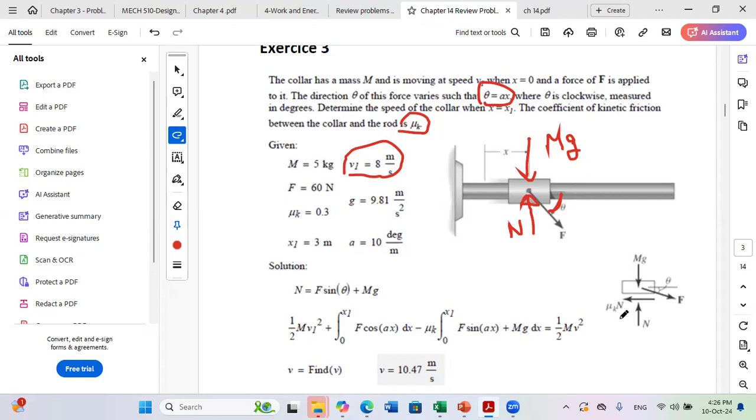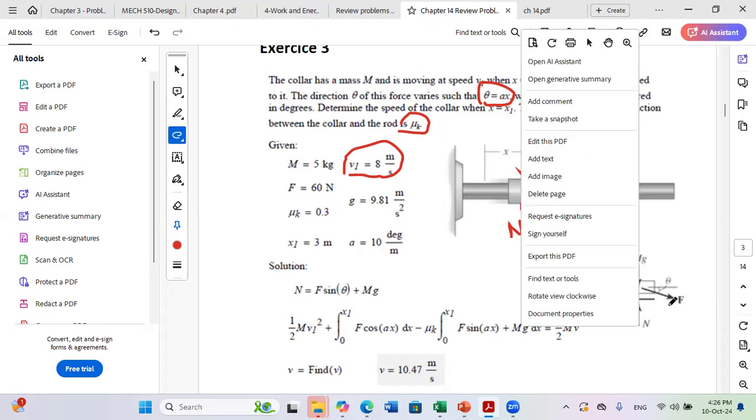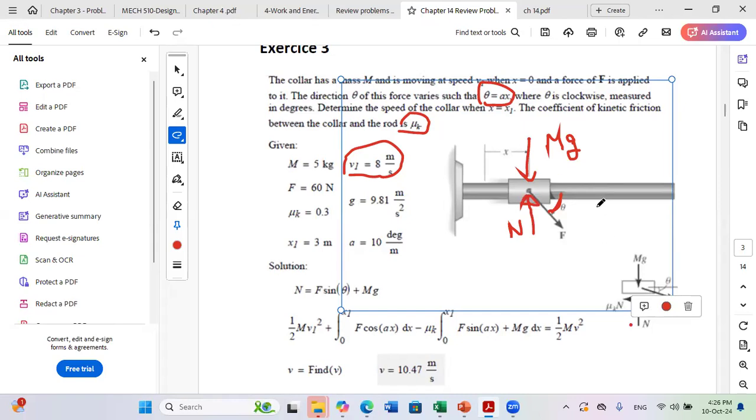So no work for N, no work for the weight. But why do we need to find N? We are interested in the value of N because the kinetic friction, which is mu k N, is a function of N. So we need to determine what N is to use it for the friction.